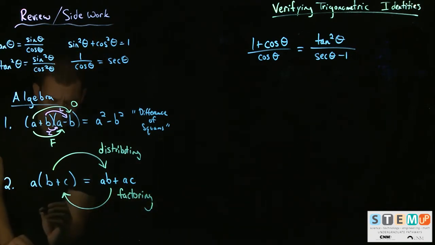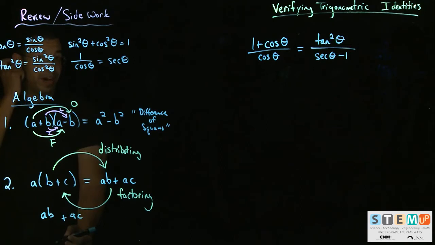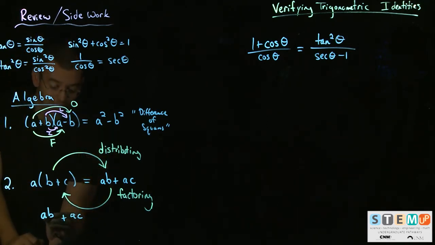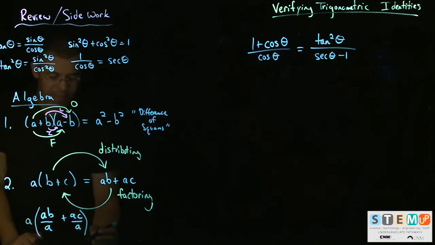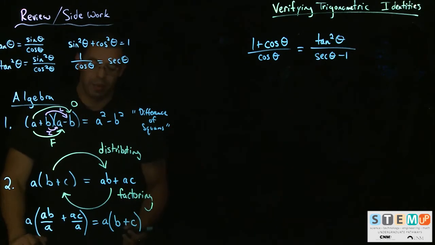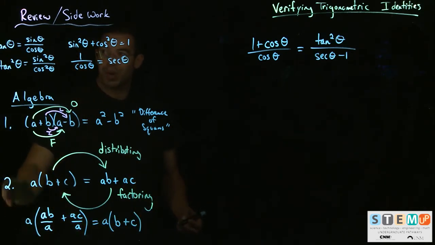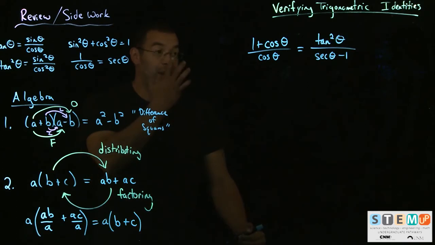The way we accomplish that, if I start on this right-hand side and I want to go back to the left-hand side, is I divide out whatever I'm factoring from each term. So if I want to factor out an a, I divide each term by a, and then I need to multiply this entire quantity by what I'm factoring out. The a stays the same on the outside. Here it cancels, I'm just left with a b, and here it cancels again, I'm left with a c. And then we get back to where we were. That's all the algebra and the trig we need to know to show that this side is equivalent to this side for our trigonometric identity.